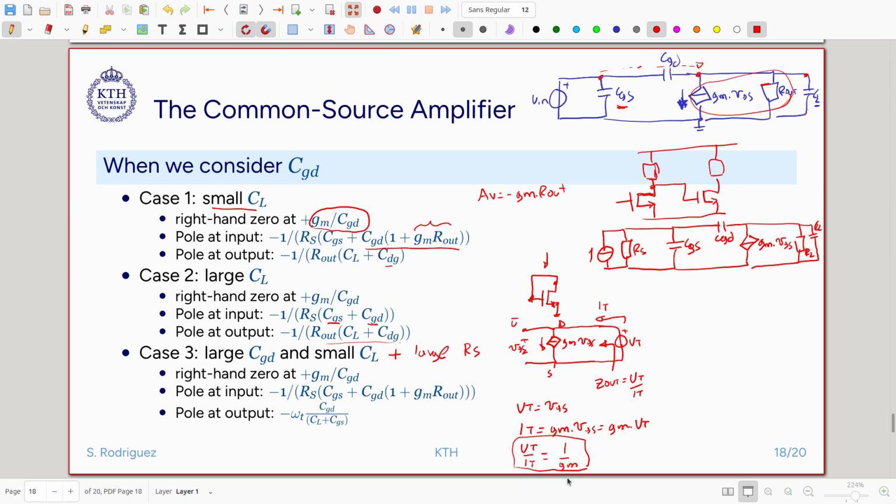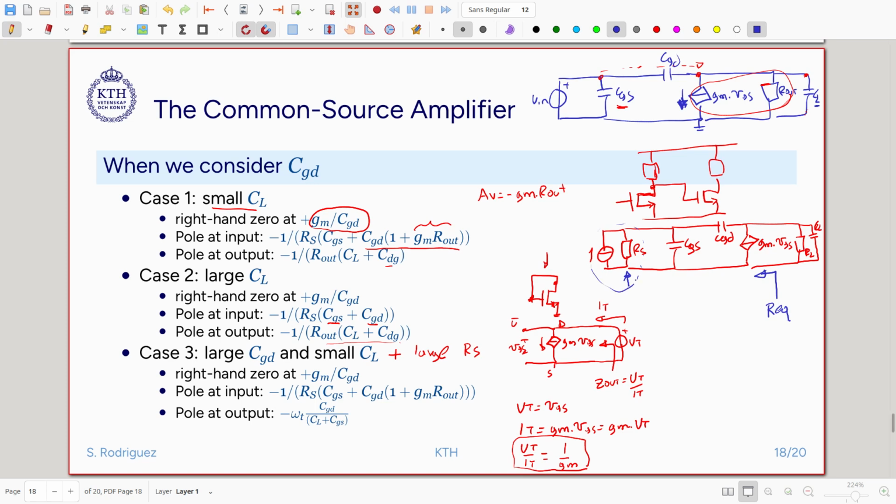So now I'm going to simplify my analysis here. I'm going to assume that this resistance is very large, and then I'm going to find the resistance that I see in this direction. I will call it an equivalent resistance, and then I'm going to disregard this.